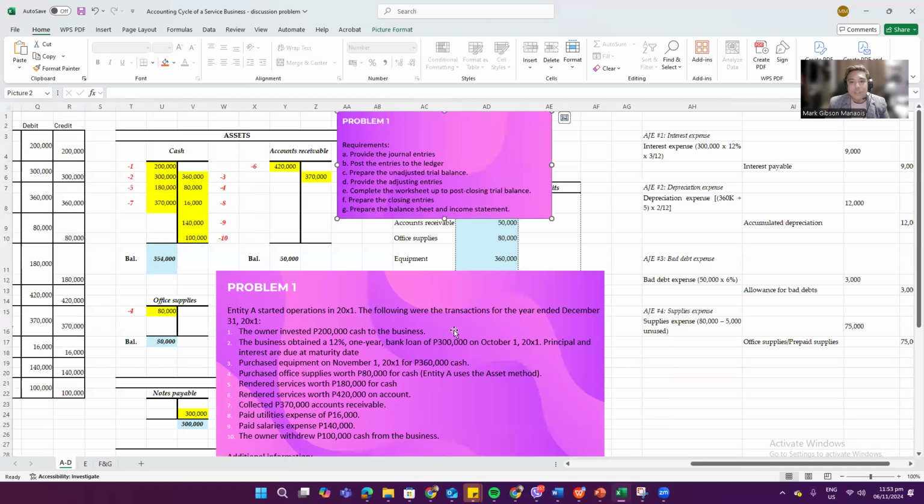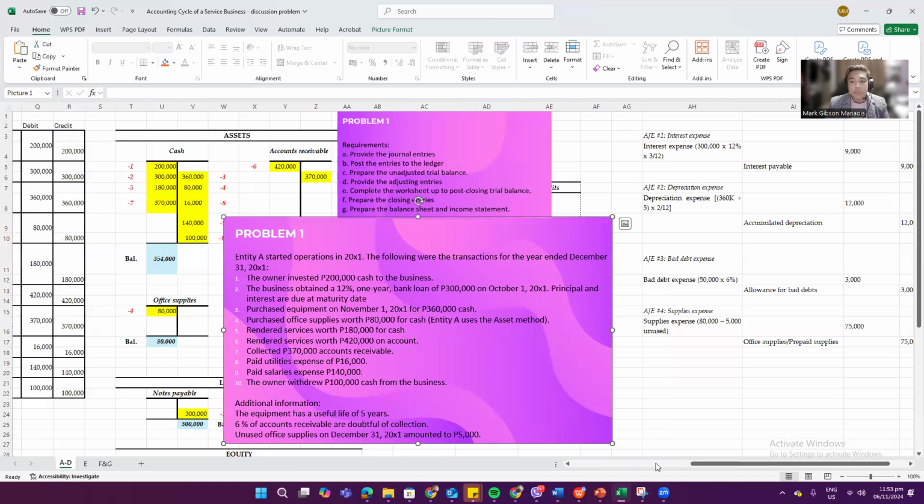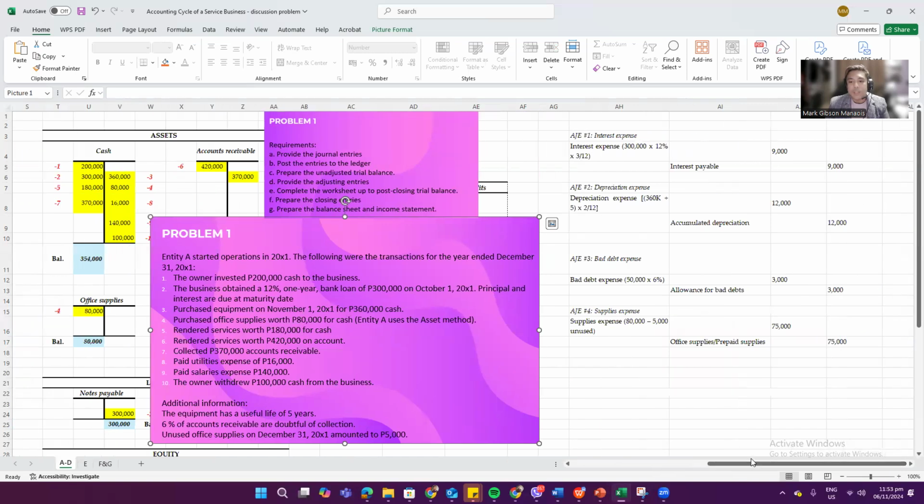So it says 6% of the total accounts receivable would be doubtful. So we have to recognize bad debt expense. That's 50,000 multiplied by 6%. So we have 3,000 and then credit allowance for bad debts for 3,000.